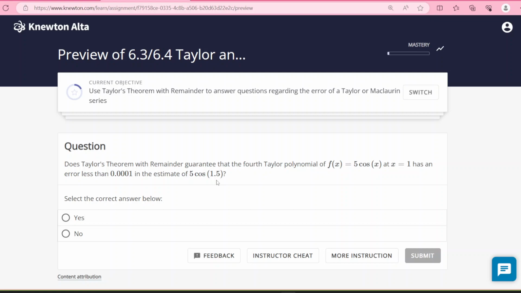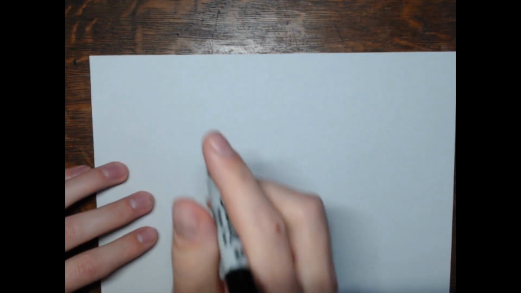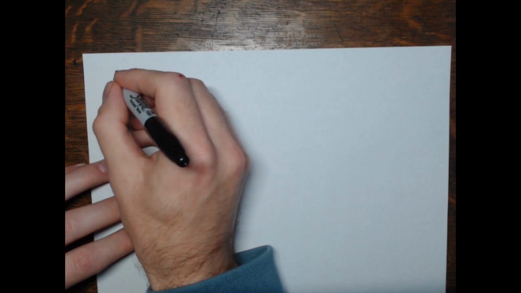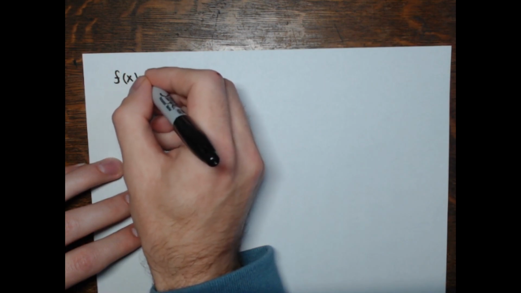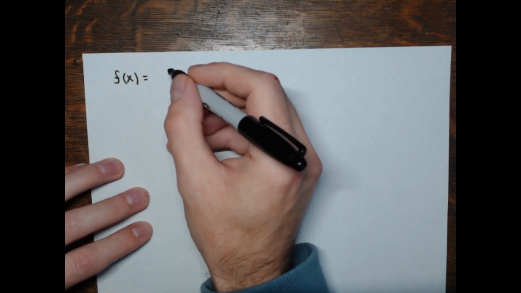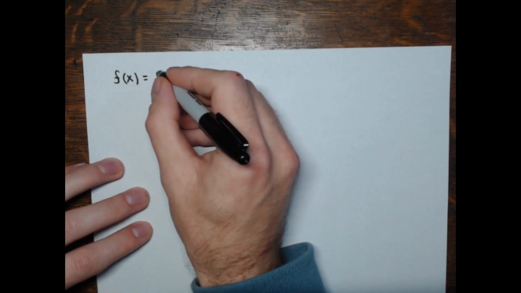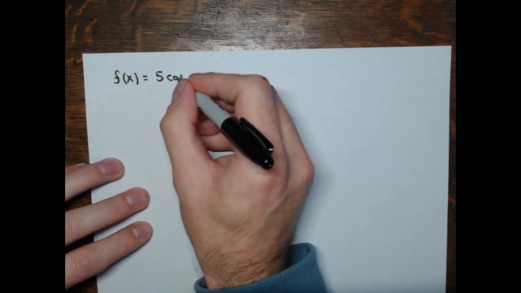So based on what I saw in the answer explanations of the first problem, here's how we can approach this one. Here's our function, f of x equals 5 times the cosine of x.